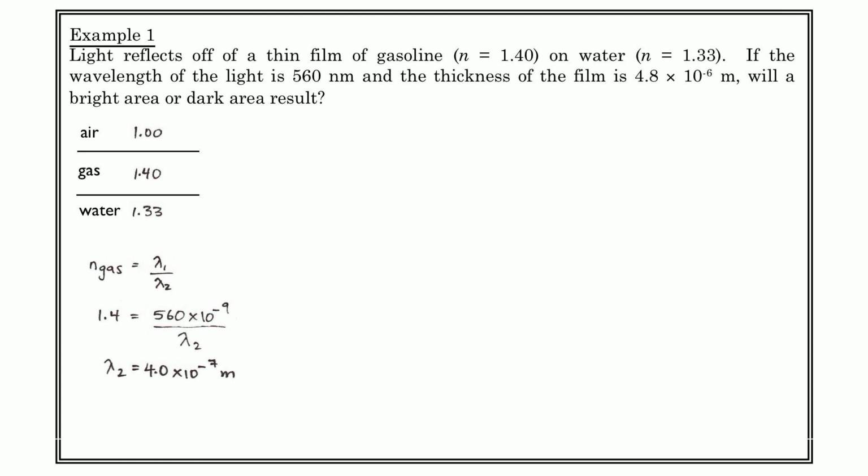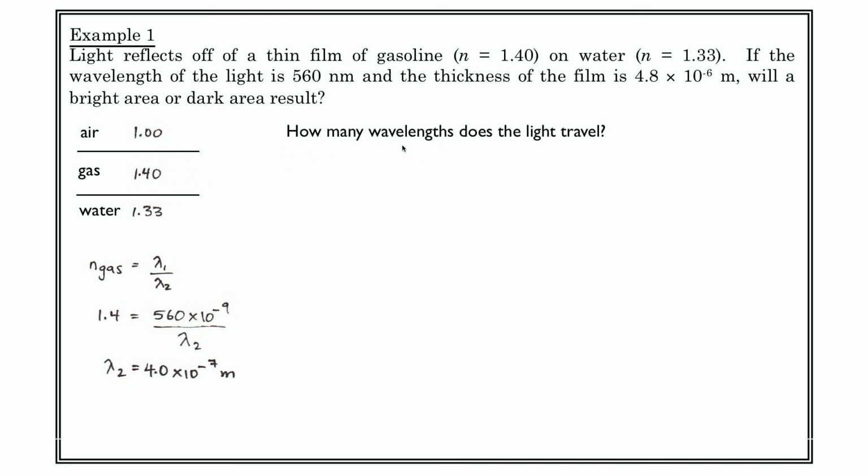Okay? So now I ask myself, all right, how many wavelengths does the light travel as it goes down and back through this thin film? So what's the path length in terms of waves? How many waves are in that extra little bit of path? Because the first beam hits here and reflects, the second beam has to travel all the way down and all the way back, and then it emerges. So through this thickness in here, we get a path length.